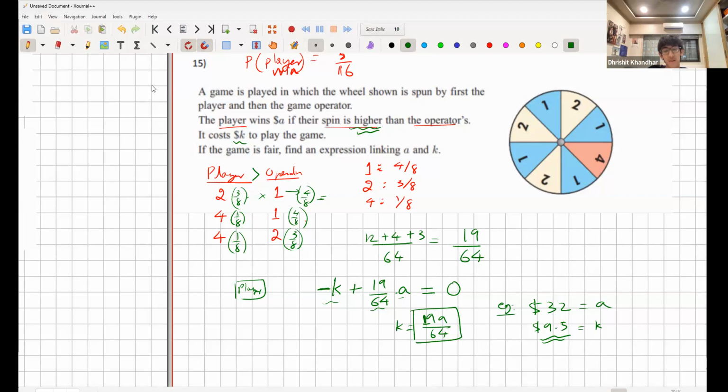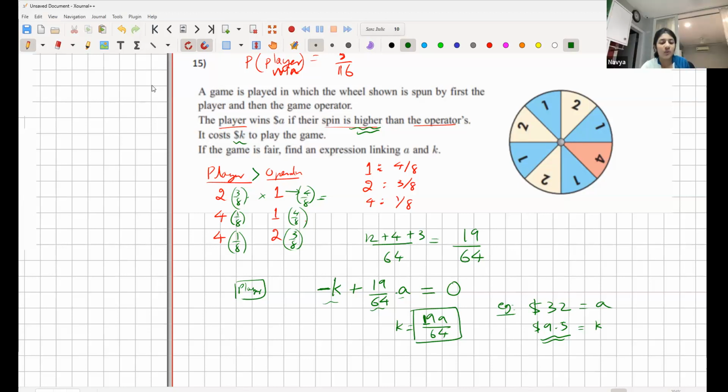So for it to be a fair game, neither of them should gain. If it's a mathematician player and a mathematician operator, and the game is structured such that 19A equal to 64K is not valid, one of them will be reluctant to play. He'll say, no, it's biased towards you. If 19A equals 64K, both will agree. Okay, now it's at least a fair game worth playing.